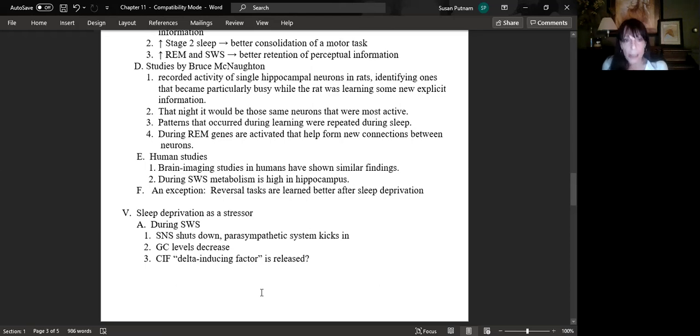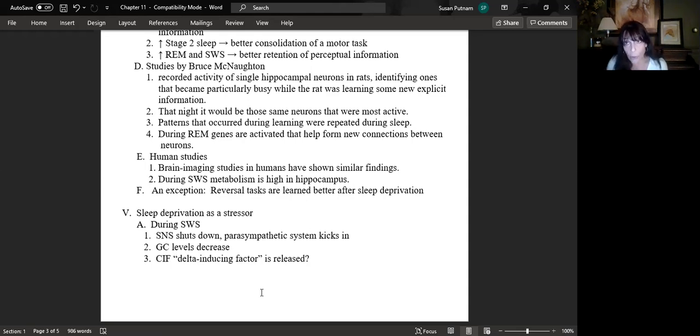Sleep deprivation is a stressor. What I'm talking about is, if you are deprived of sleep, how does that cause stress? Now, during slow wave sleep, the sympathetic nervous system shuts down, quiets way down, turns off. And the parasympathetic system kicks in.